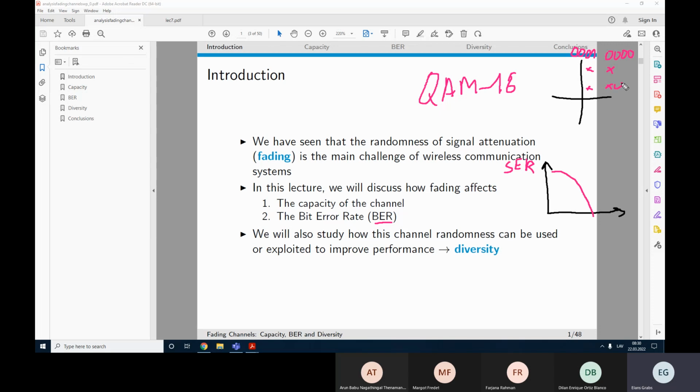Here we can have, for example, 0, 1, 0, 0. And here we are going to have 0, 1, 0, 1. So any combination of two neighboring points is different only in one bit. Here, for example, it's in this bit, and here, for example, it's in this bit.